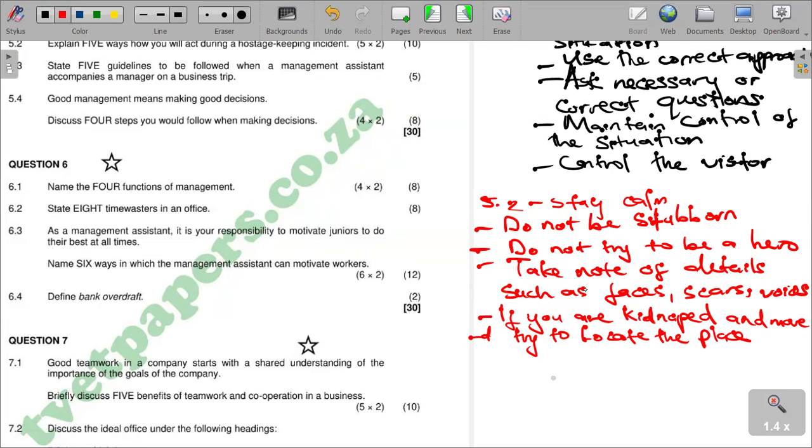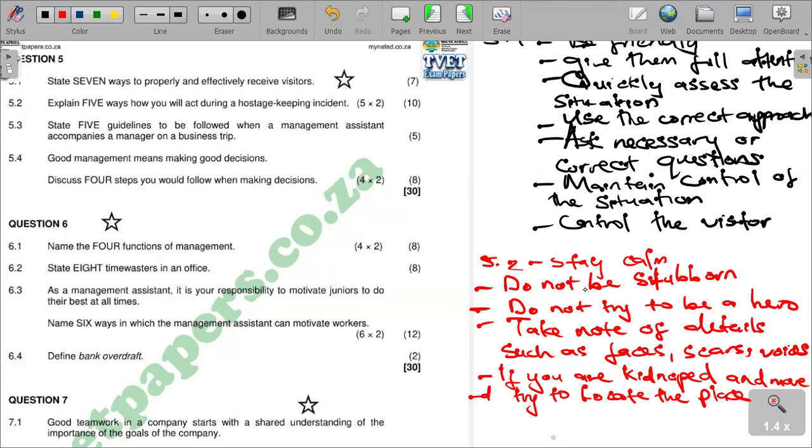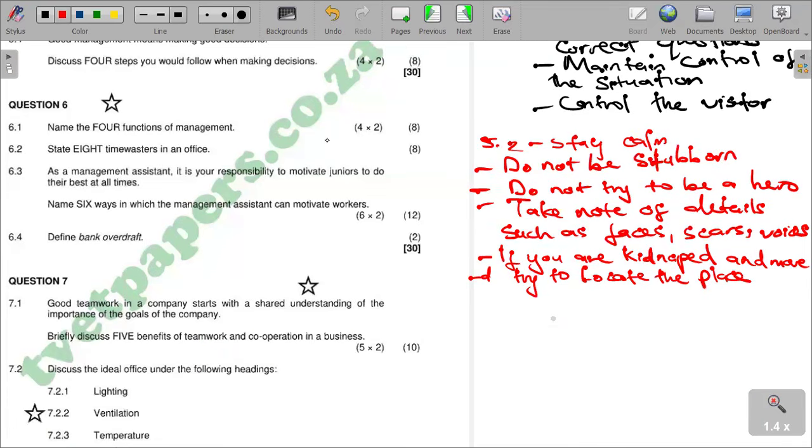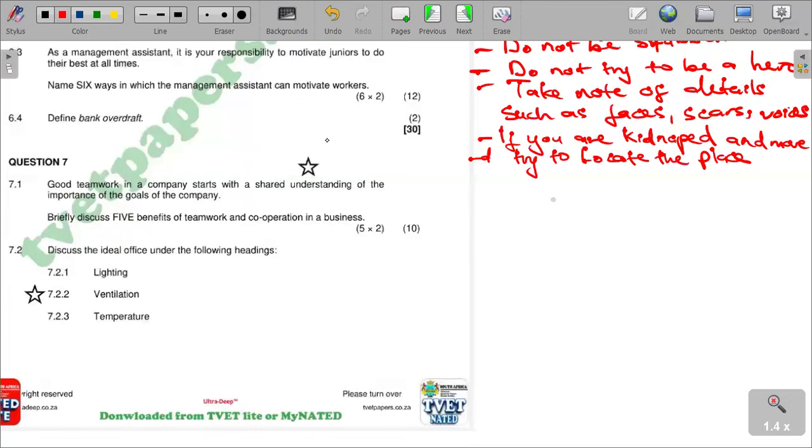Let's go to 5.3. State 5 guidelines to be followed when a management assistant accompanies a manager on a business trip. Right.